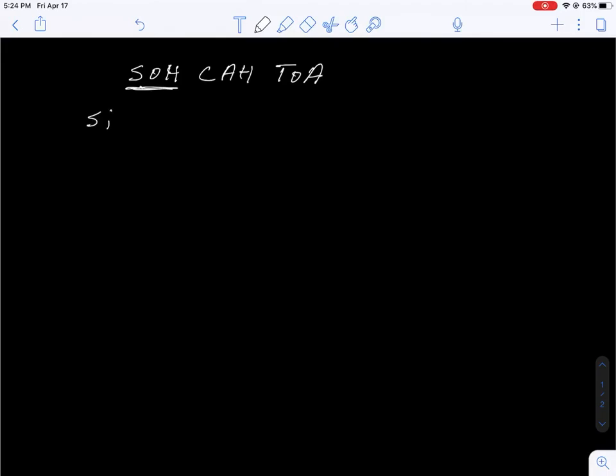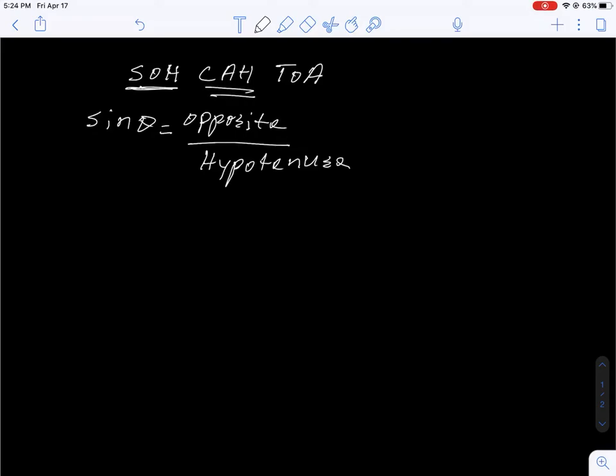S stands for sine, so it is sine theta equals O for opposite, the side length opposite, over H for hypotenuse, the side length hypotenuse. Okay, CAH: C stands for cosine.